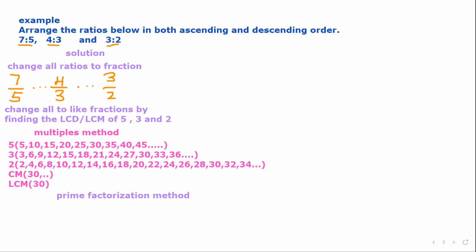With the prime factorization method, you need to do a simple table. Now the denominators are 5, 3, and 2.